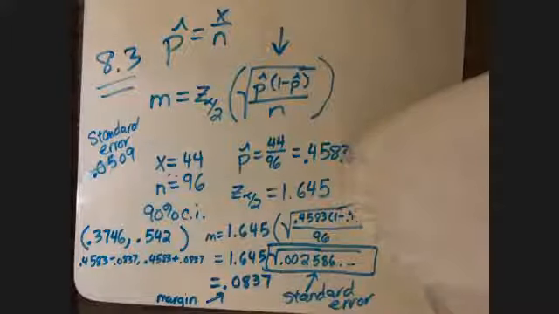I'm going to leave that up there for just a second. And then I'm also going to show you guys there is a way to do this on the calculators.